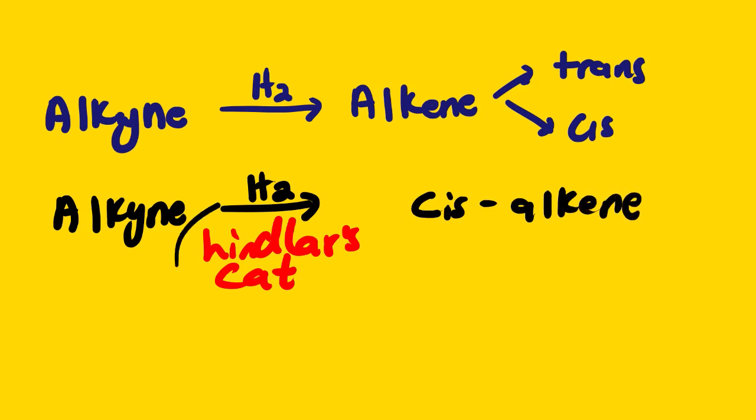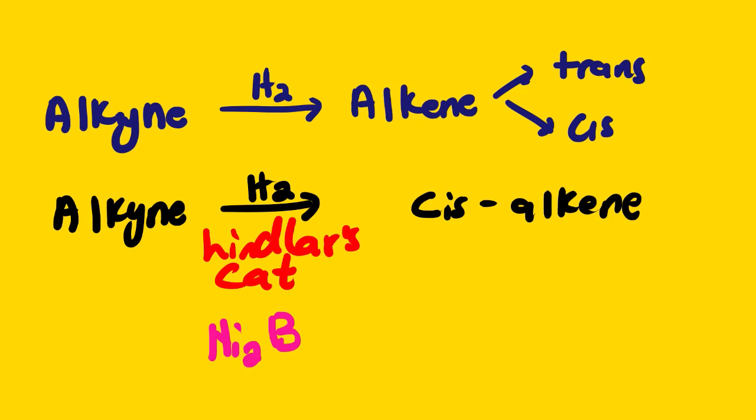That is what is important. And you should know that to yield a cis-alkene, we have two types of catalyst. The second one is nickel boride. So sometimes you will see this as the catalyst. Just know that it will yield the very same product, which is a cis-alkene.